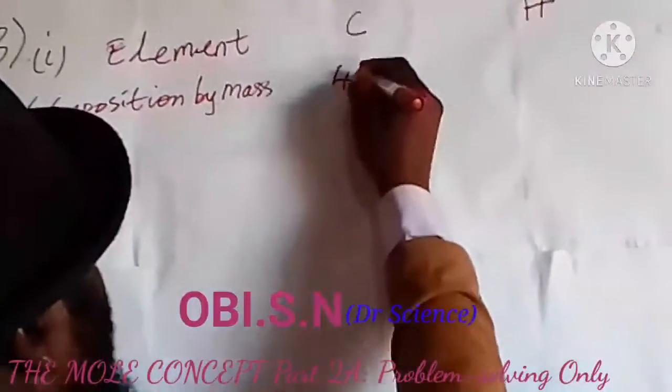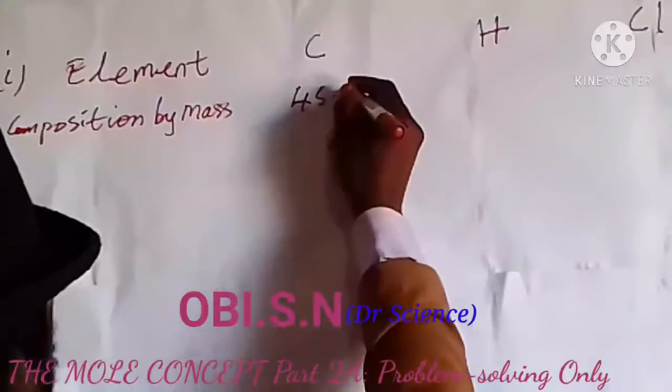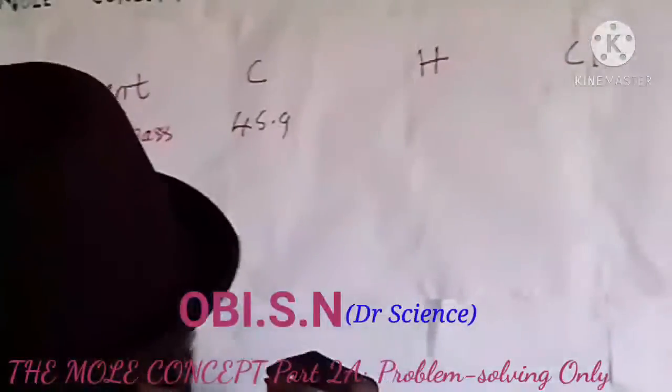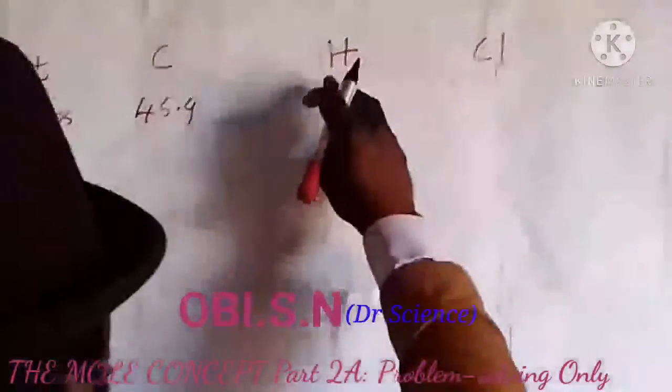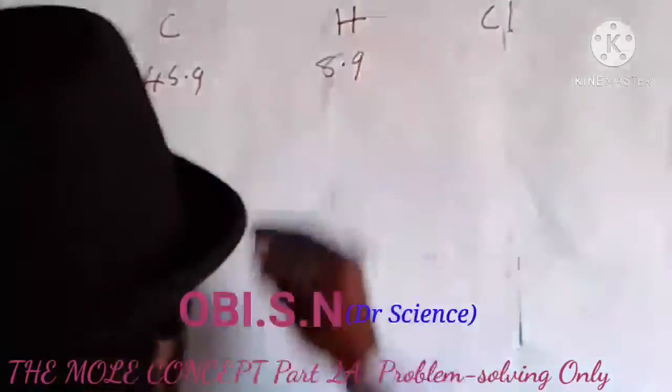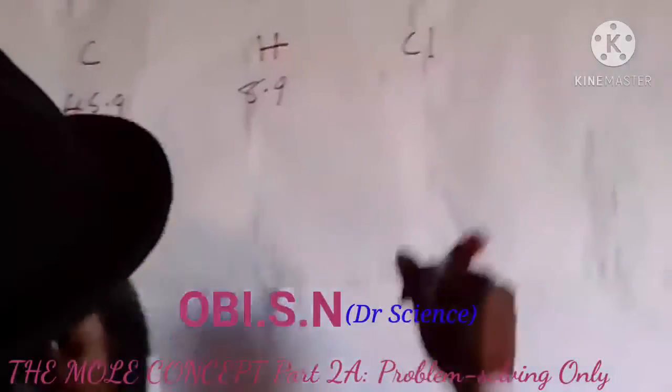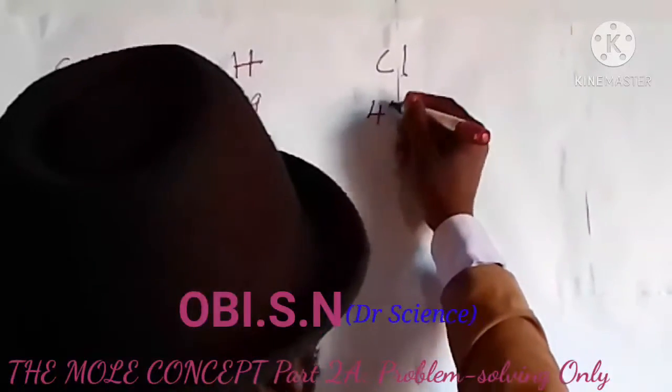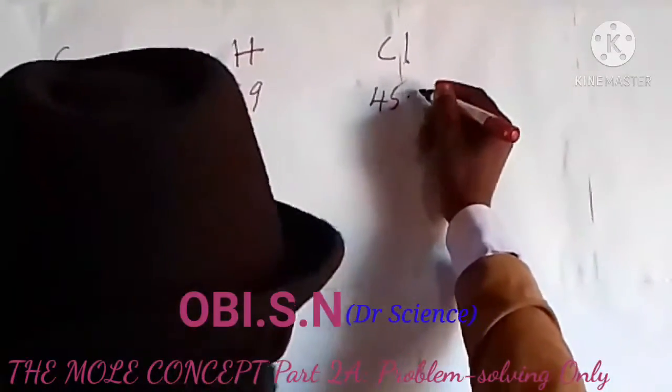Carbon is 45.9. Hydrogen is 8.9. And chlorine is 45.2.